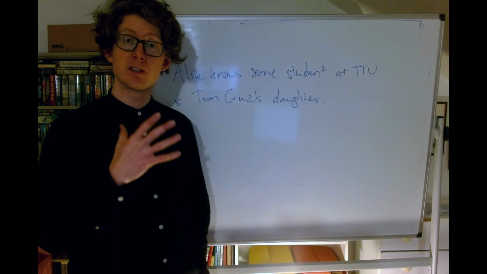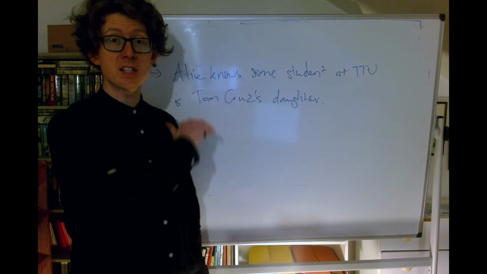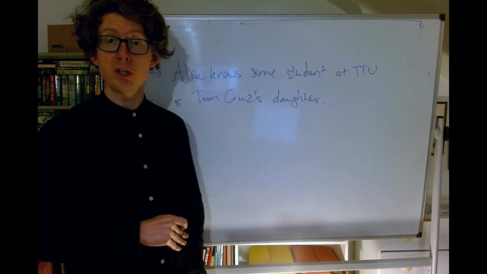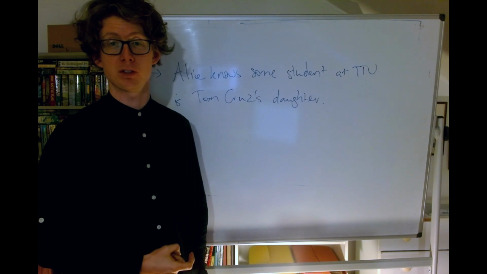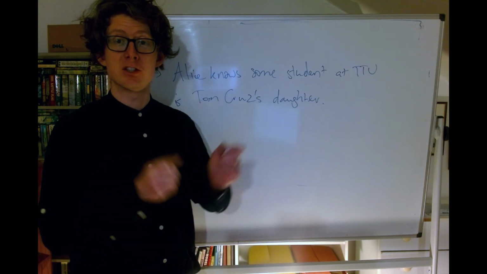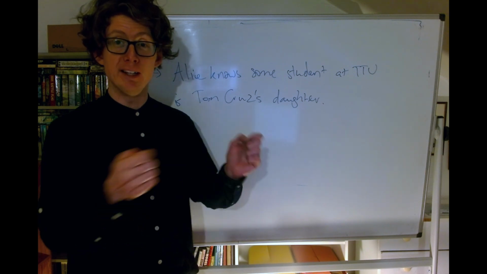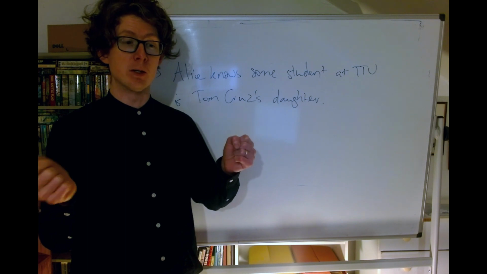The first meaning is probably the more obvious one, where Alice may not in particular know who the student is, but she knows that there is some student at TTU who's Tom Cruise's daughter. So we can imagine she might know this because she's opened the student newspaper, and she reads this story that Tom Cruise's daughter is coming to TTU.